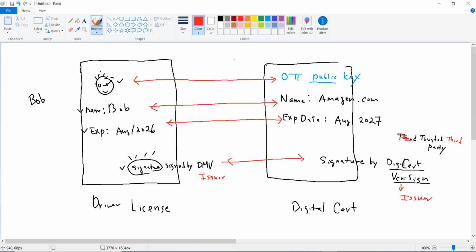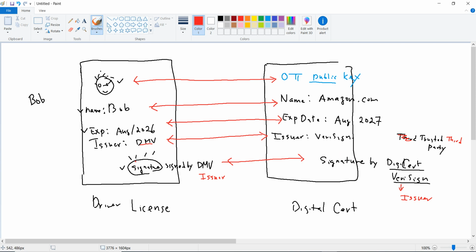Actually, there's one more. The issuer. In this case the issuer is the DMV, and in the digital certificate case, let's say the issuer is VeriSign. I know that VeriSign is now purchased by Symantec, but anyway, there's another one-to-one correspondence. In the driver license case, the issuer is the California DMV. In the case of a digital certificate, the issuer is VeriSign.